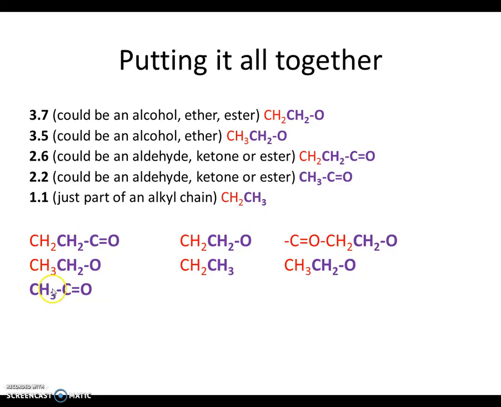We've got a CH3 bonded to a C double bond O, and well, that's the only thing it can be. So now we've got to look at these fragments. Can we stitch them together? Hopefully you can work out that this carbonyl here is this carbonyl here, and this oxygen here is this oxygen here.